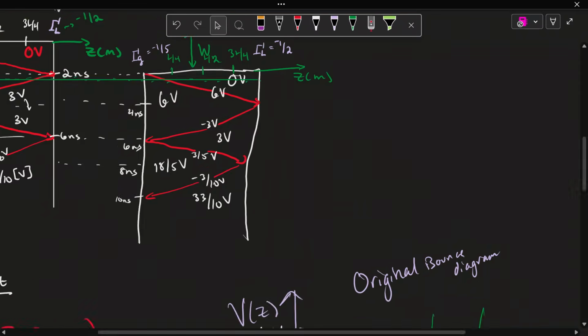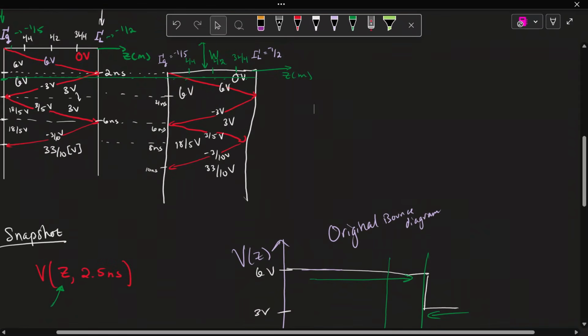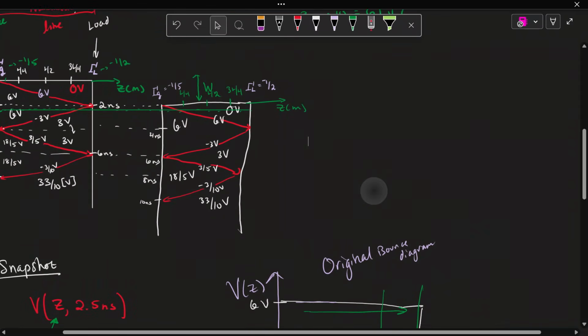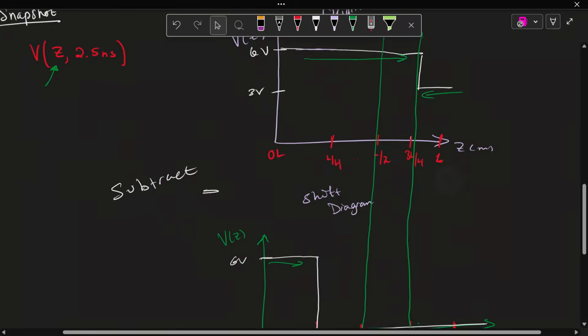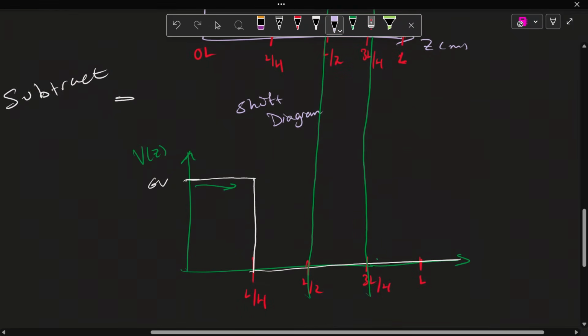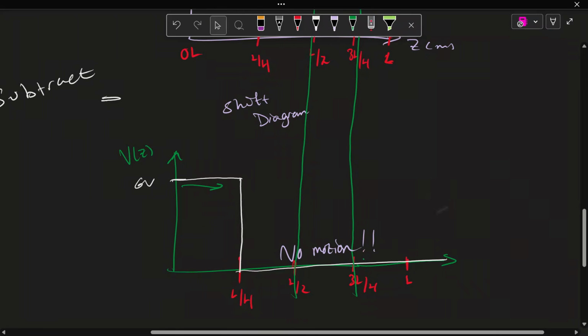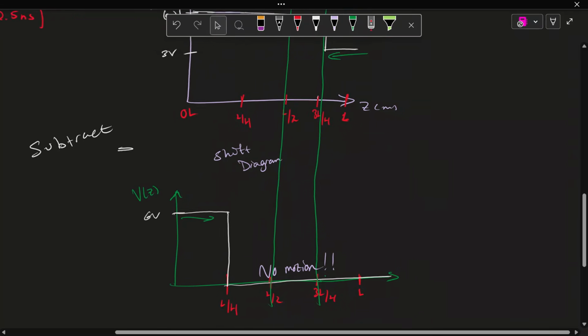We can just say it's right. It doesn't matter, because it's 0 volts. There's nothing there. So really, you have a standstill. There's no motion, because there's 0 volts.